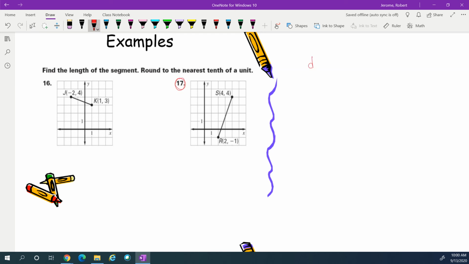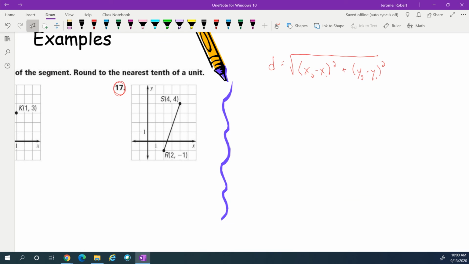I want to make sure that I have my distance formula handy. x2 minus x1 squared plus y2 minus y1 squared. Call one of them point 1, call the other point 2. It does not matter as long as you substitute carefully and correctly. So I'm just going to make this a little bit bigger.